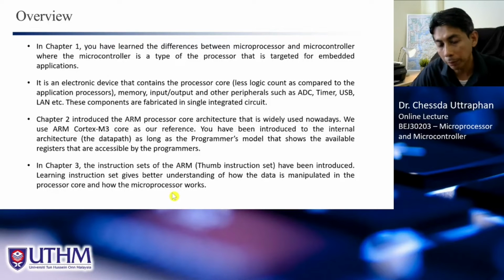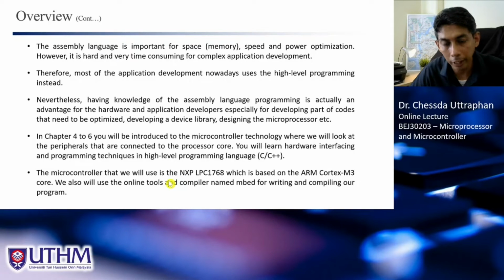So to understand how the microprocessor works and to know how to design a microprocessor system, the best way is to learn the assembly language, right? So we have done that in chapter 3, and in chapter 4 we will learn how to apply what we have learned in chapters 1 to 3. But again, assembly language is important for saving memory space, right?